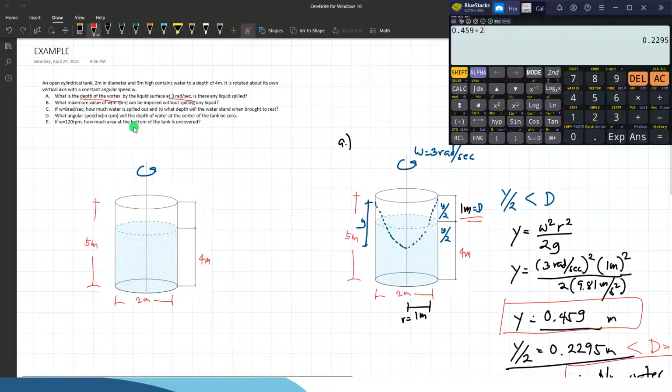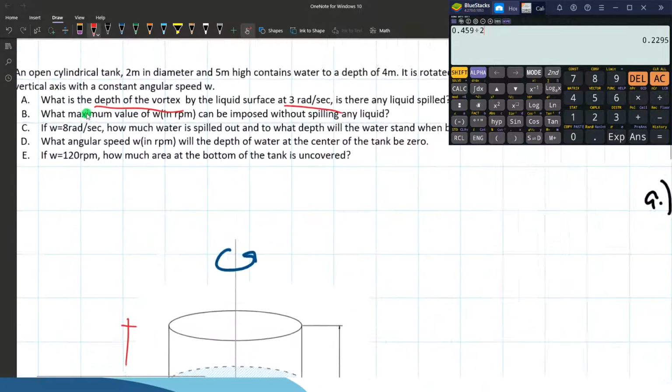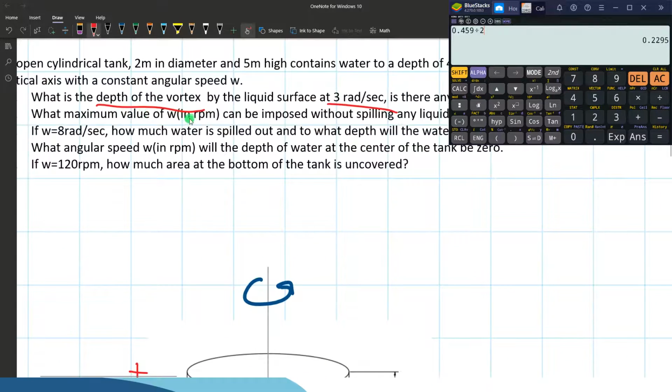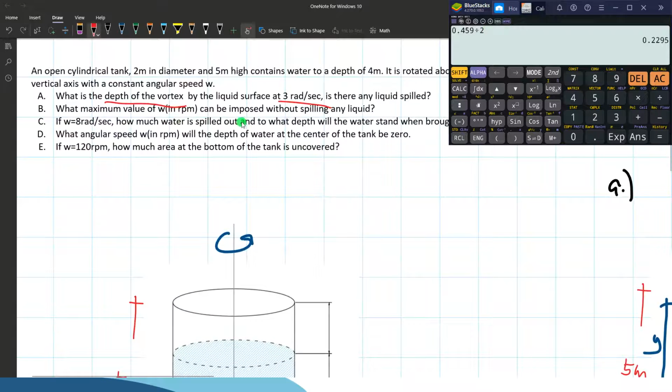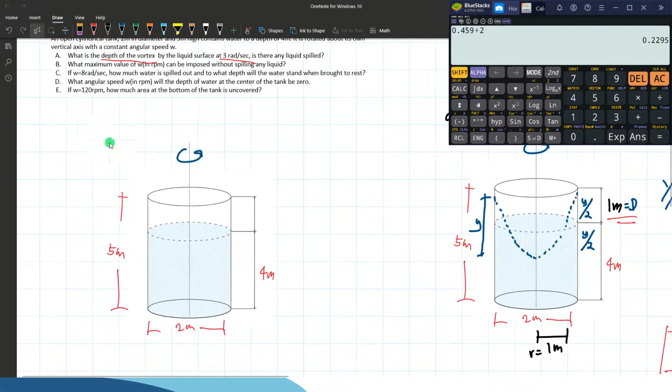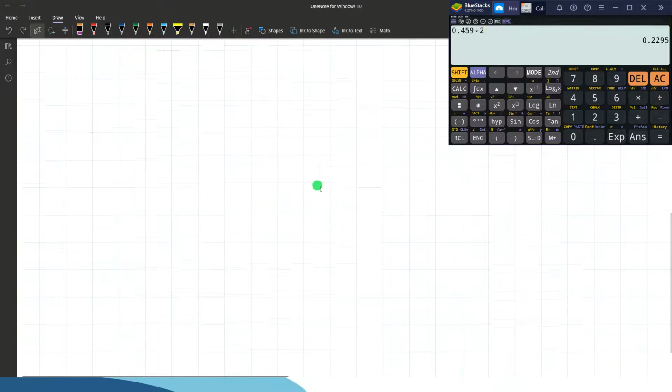For letter B, what maximum value of W in RPM, revolutions per minute, can be imposed without spilling any liquid? So what will be the angular velocity?